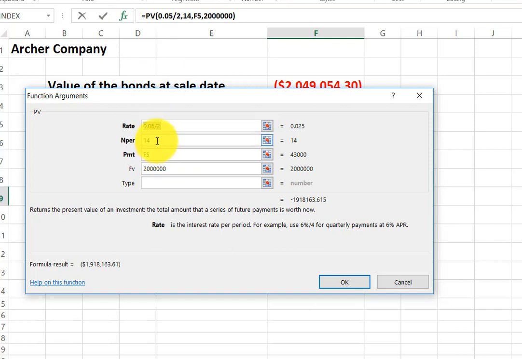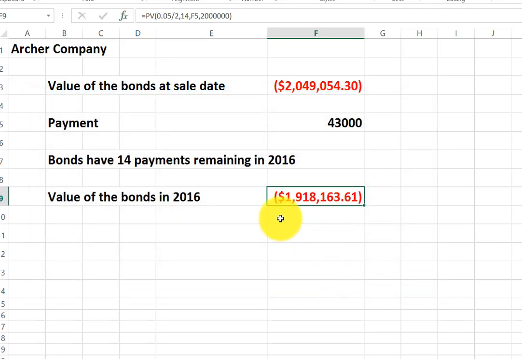Number of payments left is 14, so it's only worried about how many are in the future. Payment is the same as it was because that doesn't change, and the maturity value is the same as well as we did earlier. So that's how you calculate that.